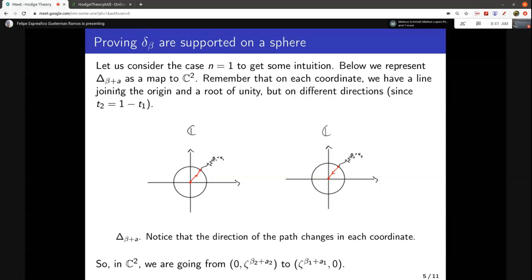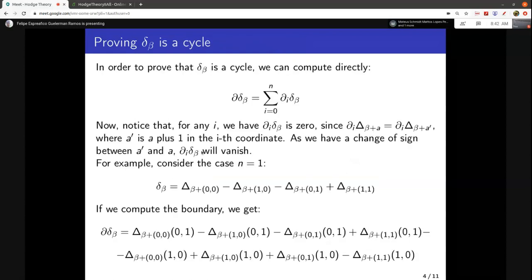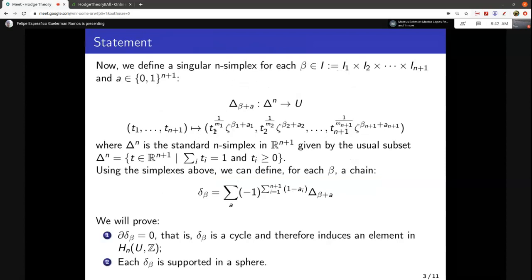So first we look at this delta beta plus A as a map to C2. So we are looking at the two coordinates here. And on each coordinate, we have a path joining the origin and a root of unity, right? Because this is our coordinate, this joins 0 to the root of unity when t varies between 0 and 1.